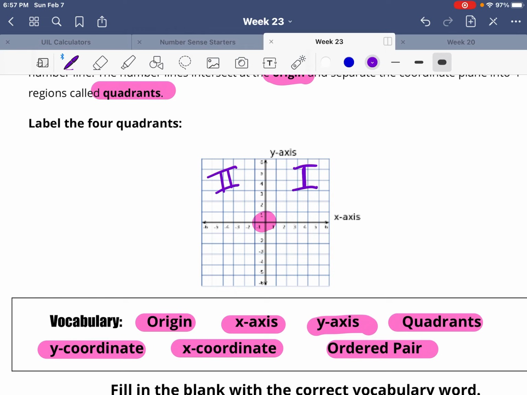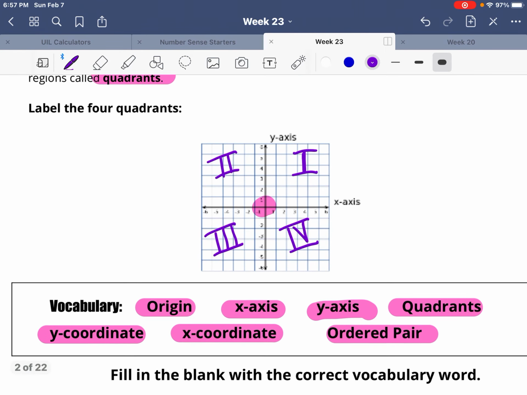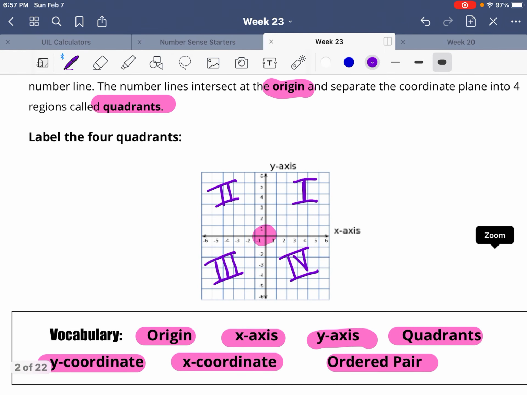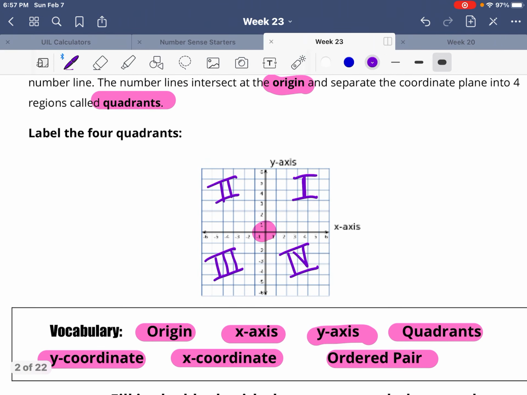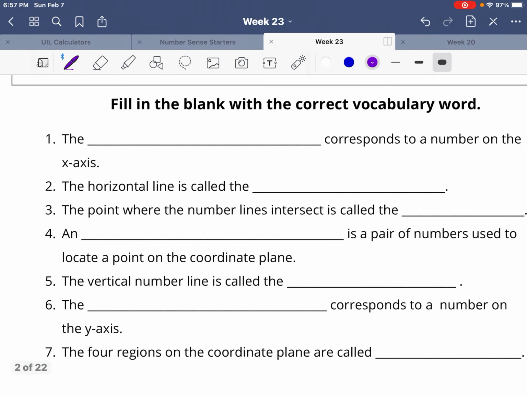And then below that is III. That is where both the x and y coordinates are negative. And then finally quadrant IV here, and that is where the x-coordinates are positive and the y-coordinates are negative. All right, we'll look at that again some more, so don't feel like you have to know that right this minute. Okay, so let's fill in the blanks.